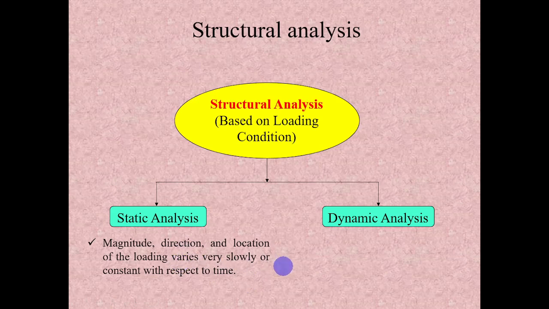Suppose the magnitude, direction, and location of the loads vary very quickly, then that is called dynamic analysis. The analysis or behavior of a structure for that particular dynamic load is called dynamic analysis.